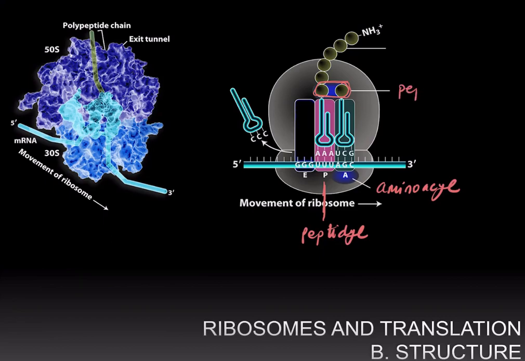It's called the peptidyl transferase center, and this is where the main action of making the peptide bond happens. And E refers to exit, and this is where an uncharged tRNA leaves the ribosome.